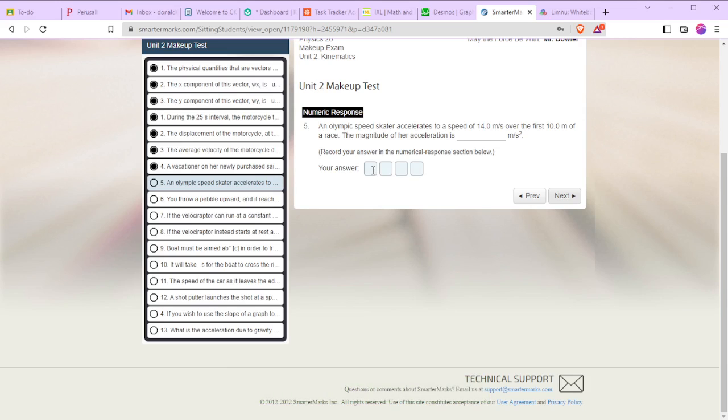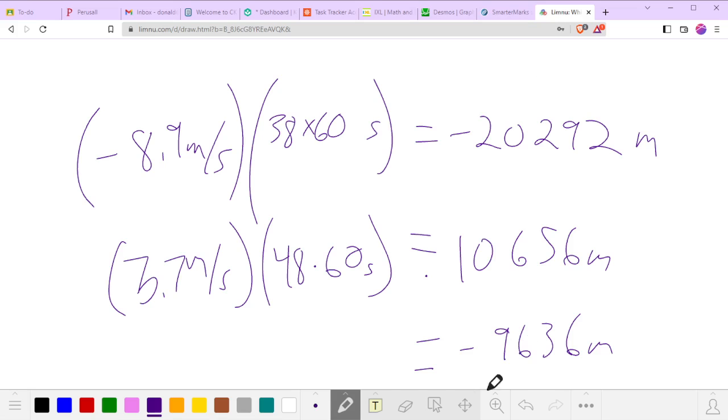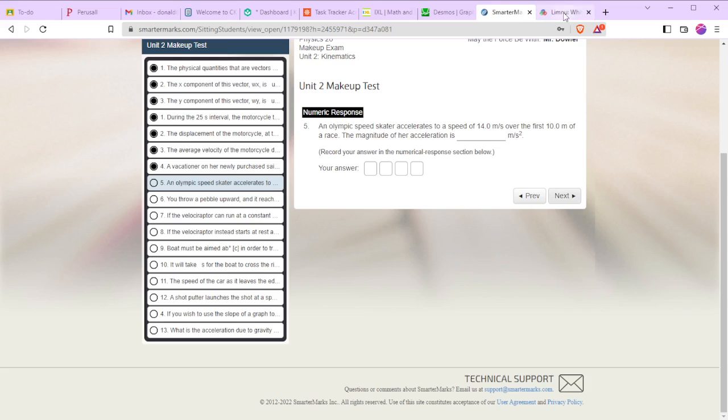Now, an Olympic speed skater accelerates to a speed of 14 meters per second over the first 10 meters of the race. The magnitude of her acceleration is. So, speed skaters typically start from rest if they are not cheating. We don't have time. So given our two velocities and no time, what we want is Vf squared equals Vi squared plus 2AD.